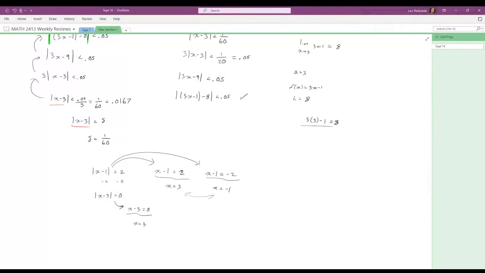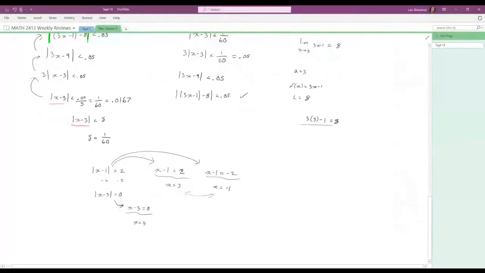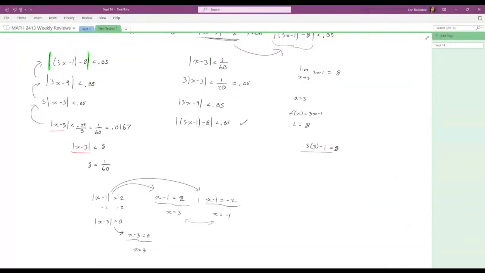Yeah, but when I was trying to say it, like for the one that we just did, you know how in the absolute value when we put the function minus the limit, I know that the function is 3x minus 1 equals 8, which would be the limit, right? But because when you do the graph, you have to go up, well, in this case, you would go up 0.05.